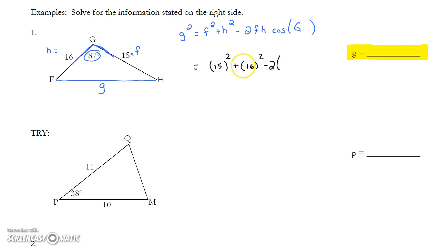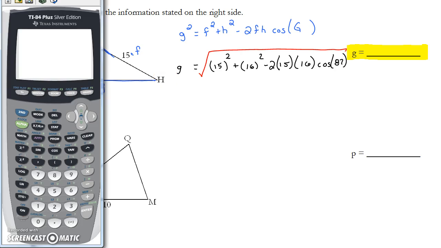Minus 2, substitute for f, again it's 15, times h, which is 16, times the cosine of my angle, which is 87 degrees. Now, I could put g squared here, but g squared isn't what I'm solving for. I'm solving for g, in which case I'm taking the square root of both sides. So all of this has to be under a square root. Then I can get rid of the exponent, and I have g.